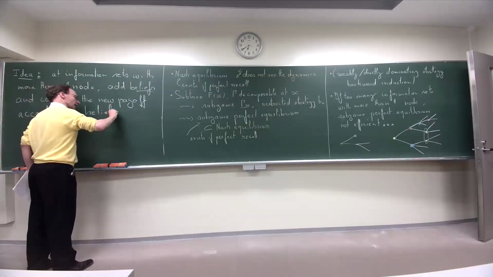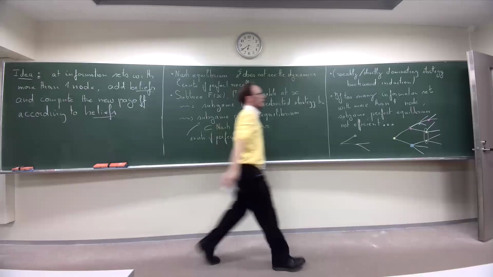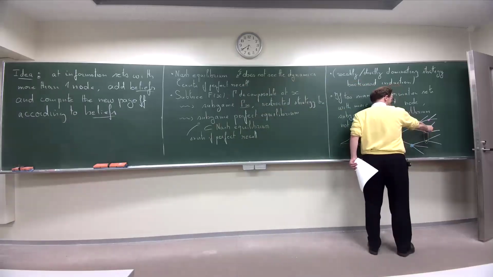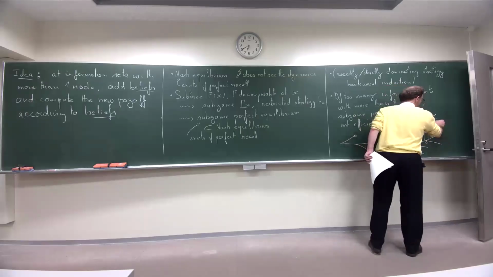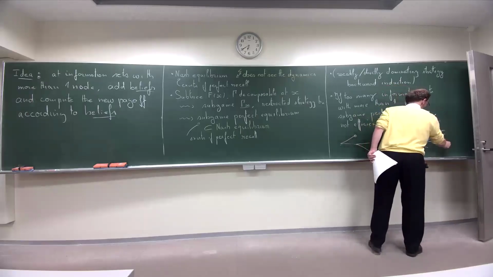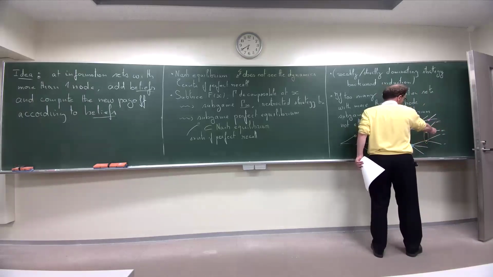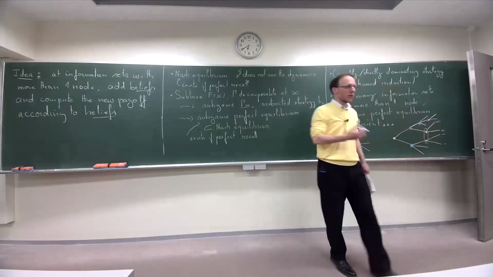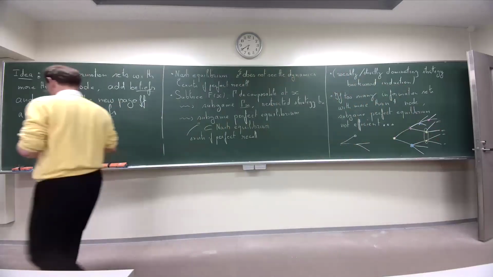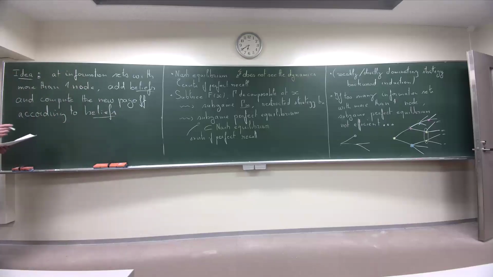So of course, if you believe that there is an 80% chance that you are here and only a 20% chance that you are here, you will have some payoff. So you are going to change the way you compute the final payoff, because you know that with 80% chance you are here, 20% you are here. So we will take this into account. But first, I don't tell you how.